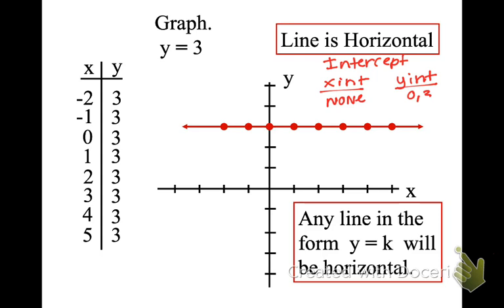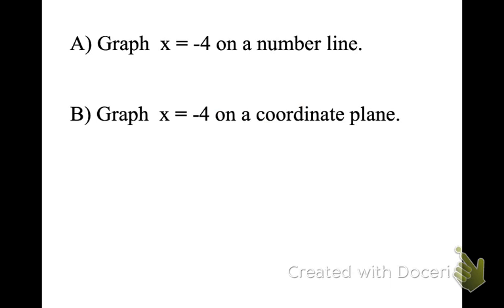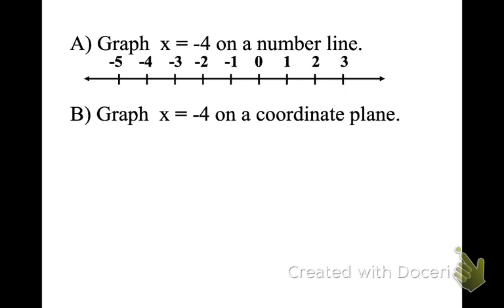Do we do the same thing for the x one? What do you think? So on an x equals, the x-intercept is negative 2, 0, and it will have no y-intercept. Okay, what about graphing x equals negative 4 on a number line? If I have x equals negative 4 on a number line, all I'm doing is putting it on a point.